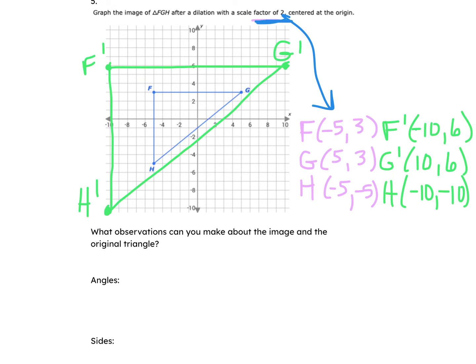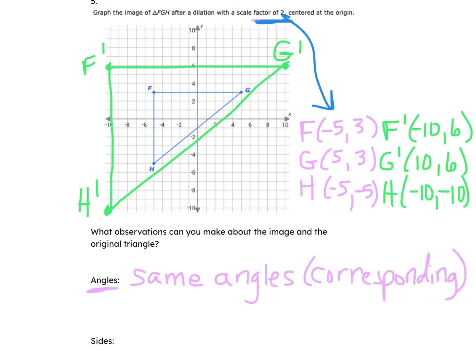So what observations can we make about the angles? I can see they all are corresponding. If I actually got a protractor out, they're all the same angles. Or you can say corresponding. And then the side lengths should be proportional. So I'm going to count and we'll see if it's double the size.